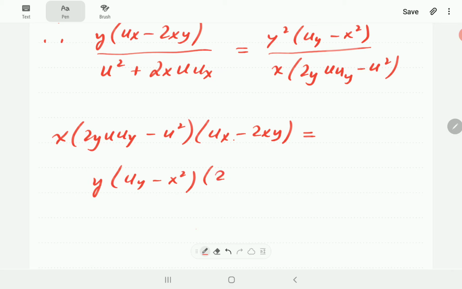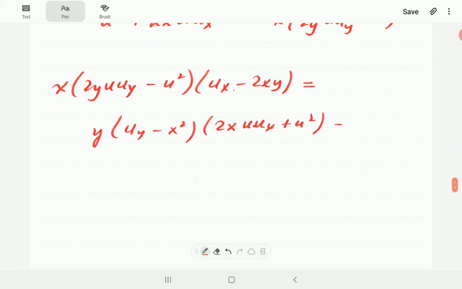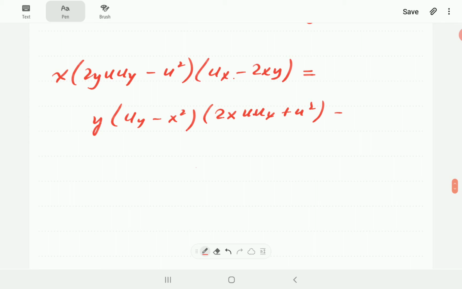So the term is 2x ux plus u squared. So that is going to be our right hand side. And then if we multiply here, on the left hand side, this is what we are going to get when we multiply the first terms.